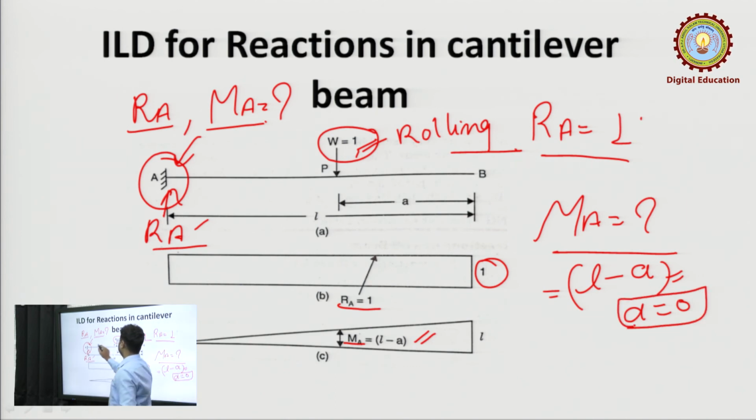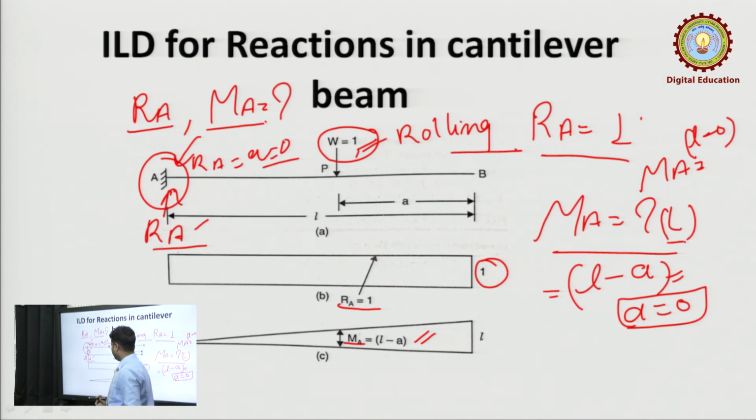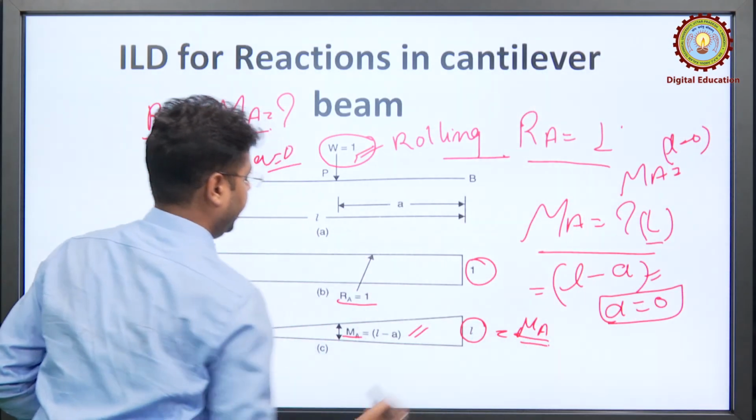When the unit load is on RA, A is equal to 0. Then if A is equal to 0, MA is equal to L. As we can see, MA is equal to L, this is the value of moment for the influence line diagram.